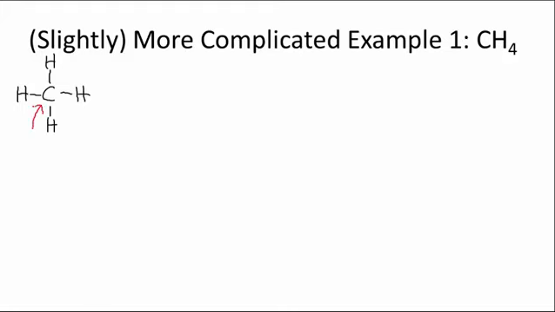Yep. So that would mean carbon has 4 sp3 hybrid orbitals, so I draw 4 little lines.